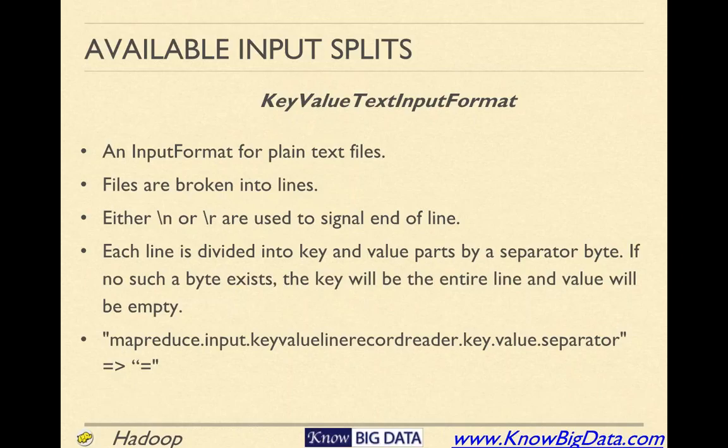The files are broken into records by way of slash n, so every line is broken down into key value pairs. If there is no equal sign, it will be considered that there is no value. If there are more than one equal sign, then the second equal sign will be part of the value.